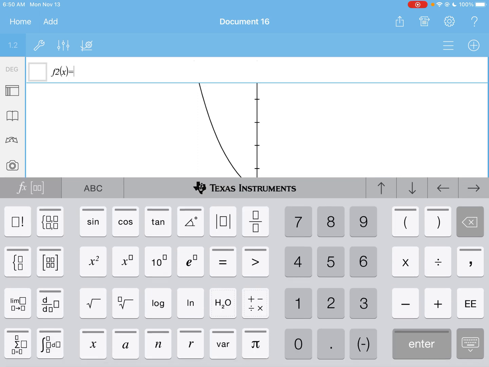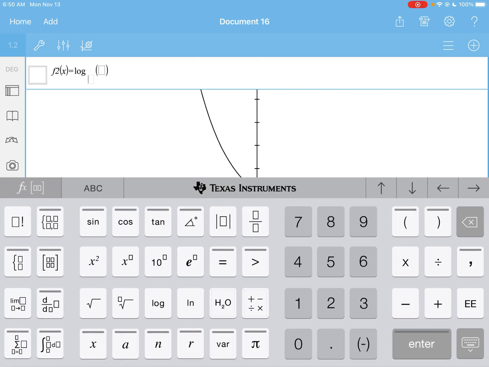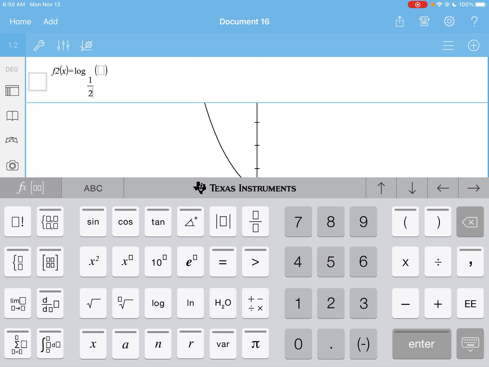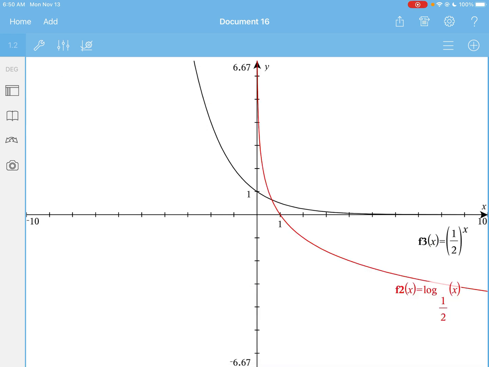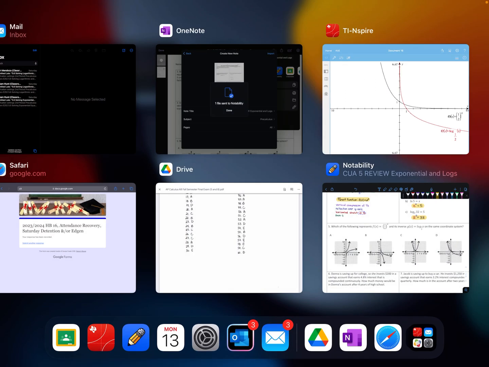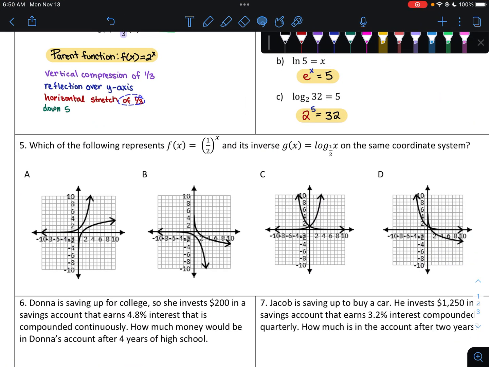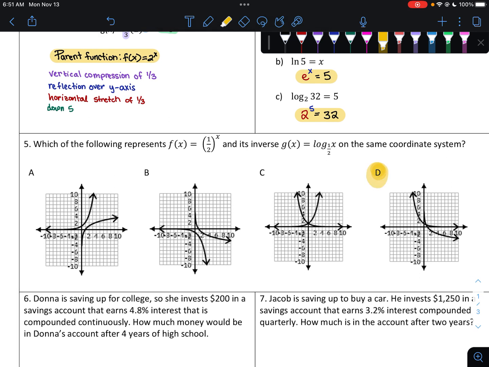So then we'll add the next one, which is log base 1/2 of x. That one's graphed in red. So we should be looking for a function that looks like this. If we look at them, the one that looks closest to it would be D.